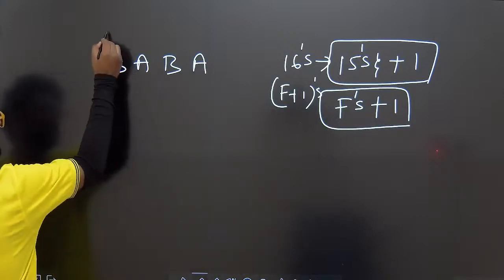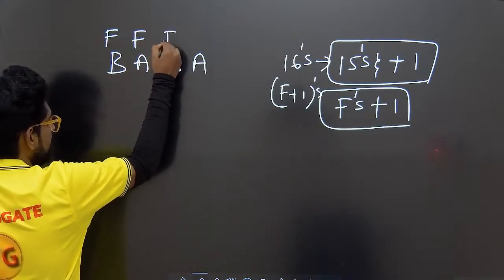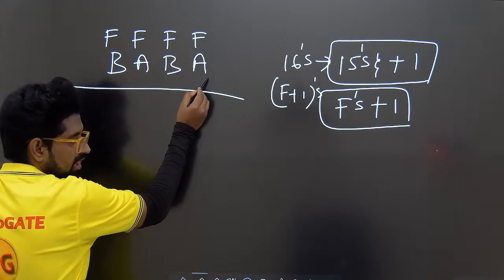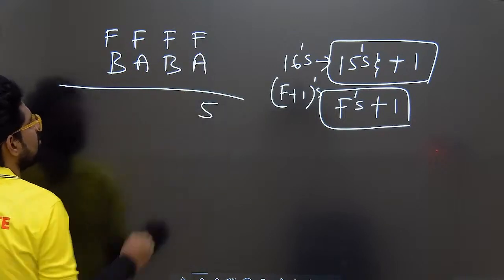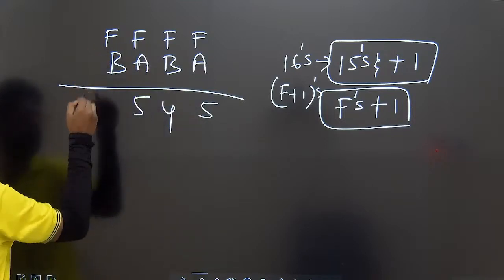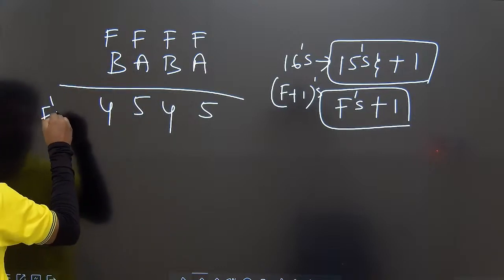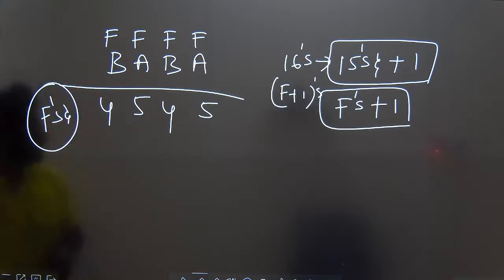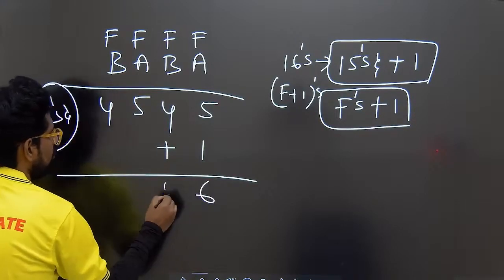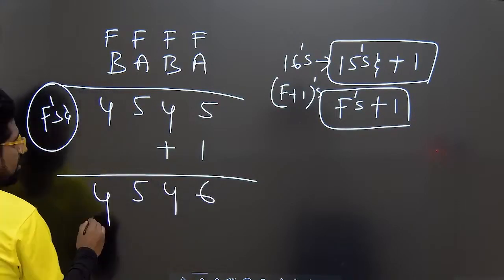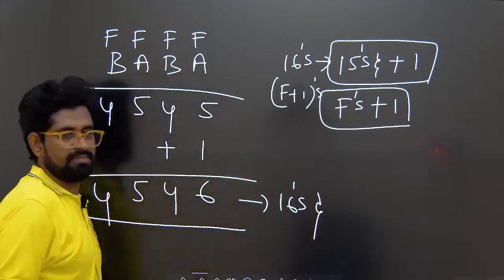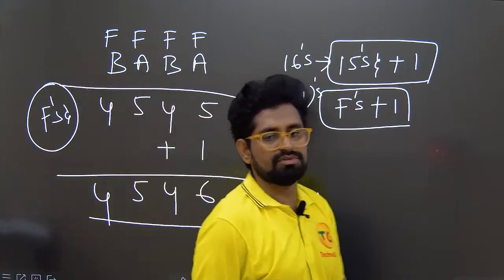Write down that many 15's. 15 means F. 15 minus 11 is 4. 15 minus 10 is 5. This is your 15's complement. Just add 1, giving 4, 6. This is your 16's or F plus 1's complement. So in this way we can do this complement.